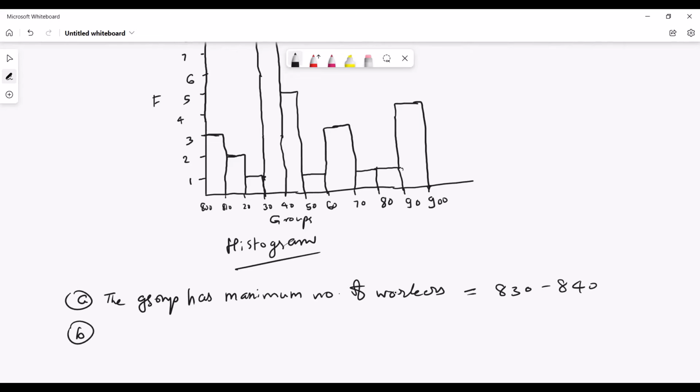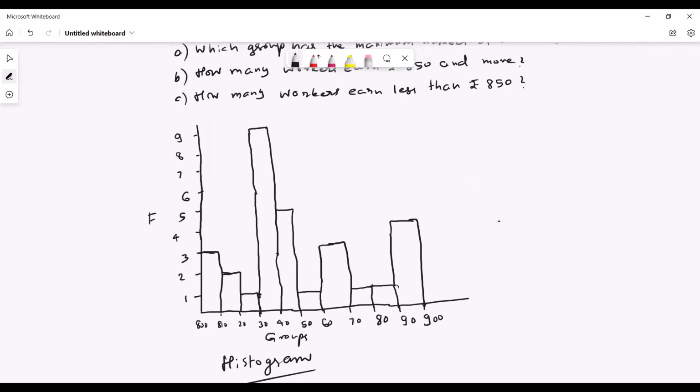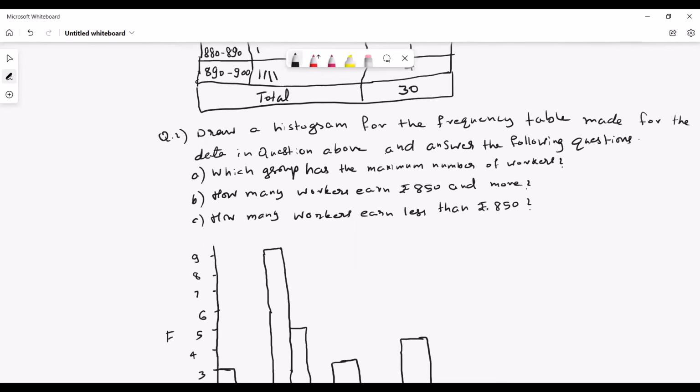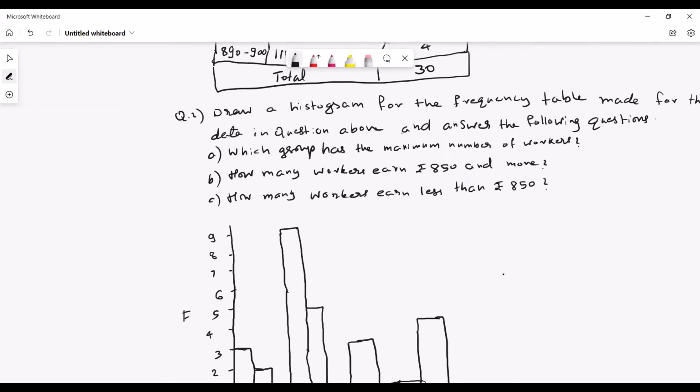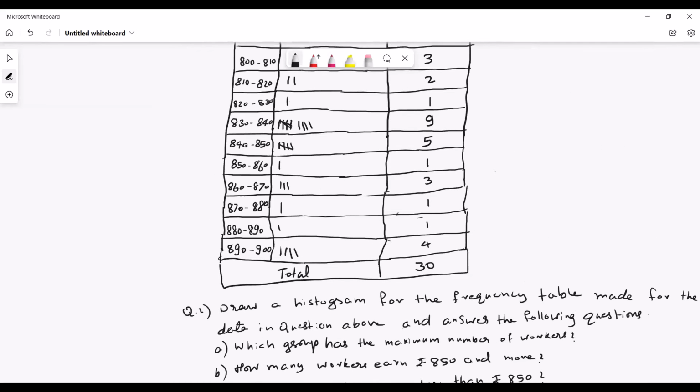Now question B is asking how many workers earn rupees 850 and more. Rupees 850 and more, how many groups are earning? 850 and more is coming here only in this class.